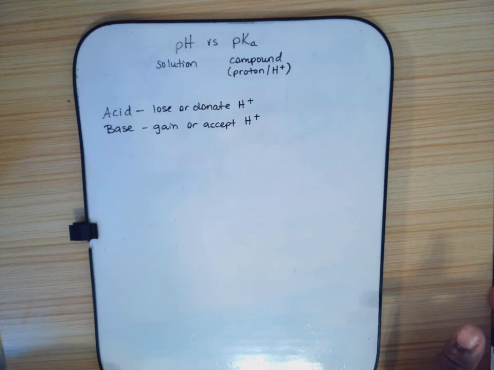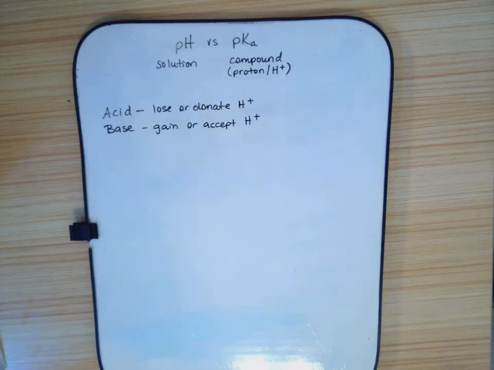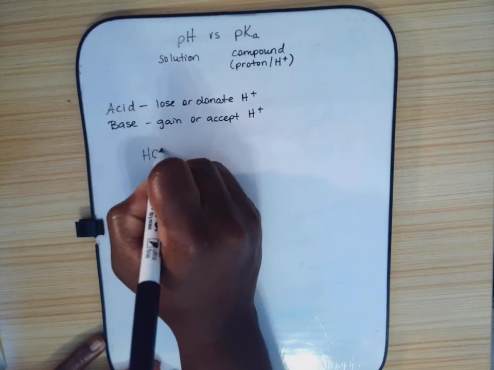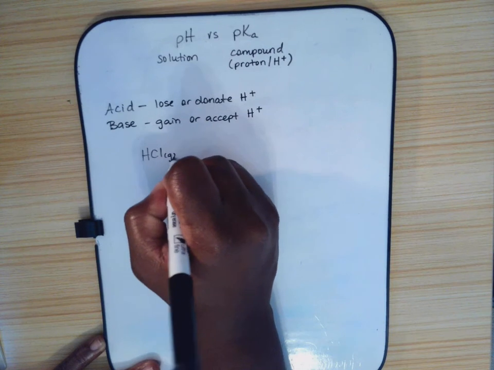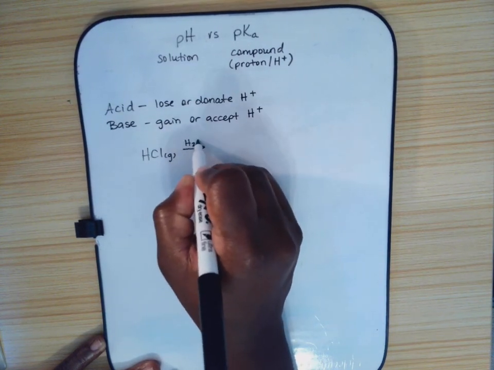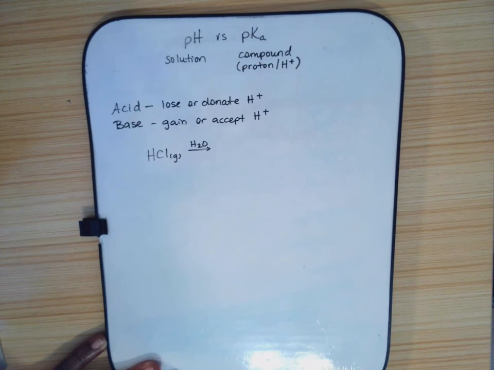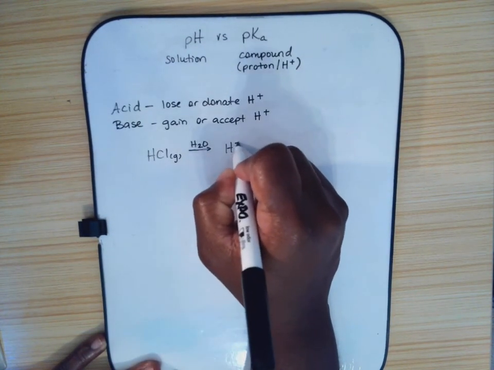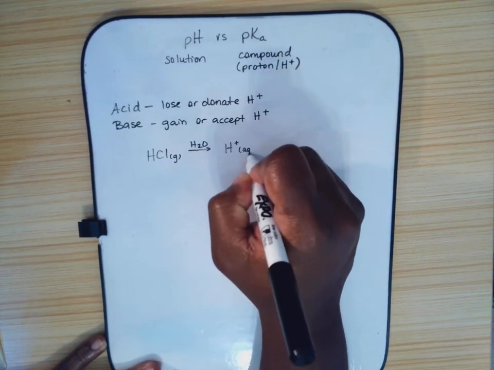But regardless of whether you're dealing with an acid or a base, you have two different types. You have strong acids and bases, but you also have weak acids and bases. For instance, if we're looking at hydrochloric acid and we decide to add that to water, when this hydrochloric acid and the water combine to form that homogeneous mixture, that acid is going to completely dissociate.